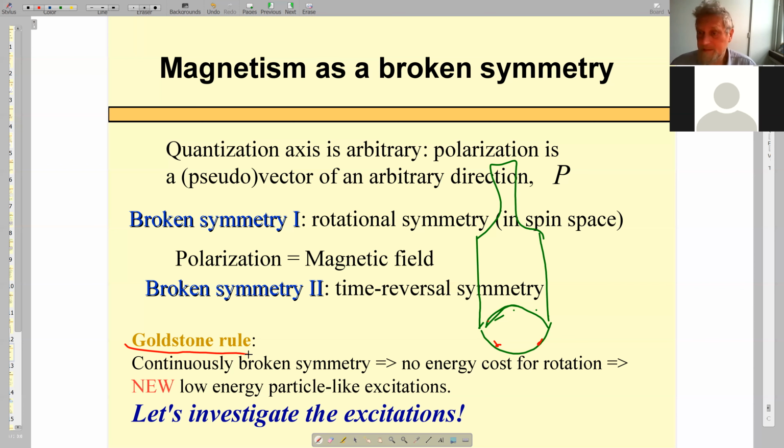So this implies that for our vacuum, since the symmetry is broken, excitations must be interesting. So let us investigate the excitations. But I don't want to jump immediately to interesting stuff.